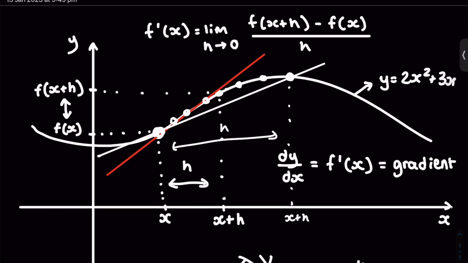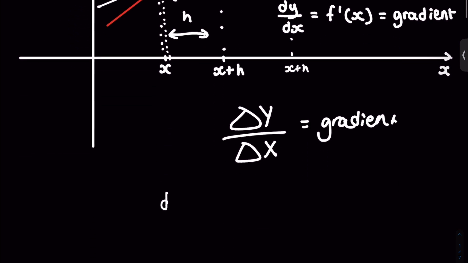So we're finding a very, very small change in our height over a very, very small change in our distance across. And this is what we actually end up getting: our dy by dx.